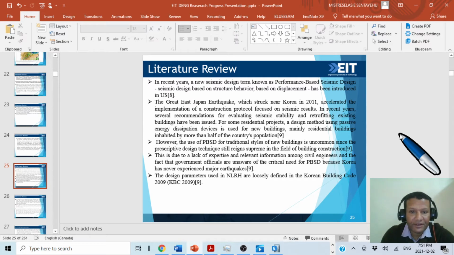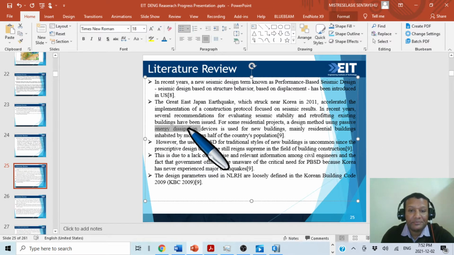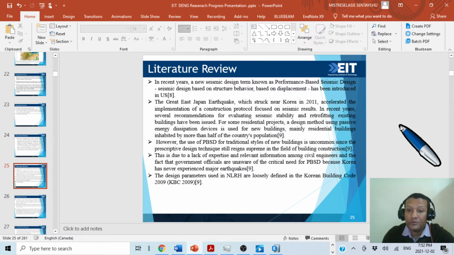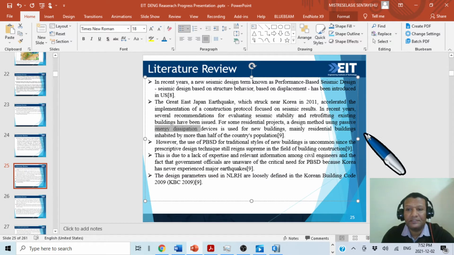In recent years, several recommendations for evaluating seismic stability and reinforcing existing buildings have been issued. For some residential projects, a design method using passive energy dissipation systems. This is passive energy dissipation systems. Devices are used for the new buildings, mainly residential buildings inhabited by more than half of the country's population. So they use passive energy dissipation systems. This is also very important in earthquake analysis, shock absorbers and others.